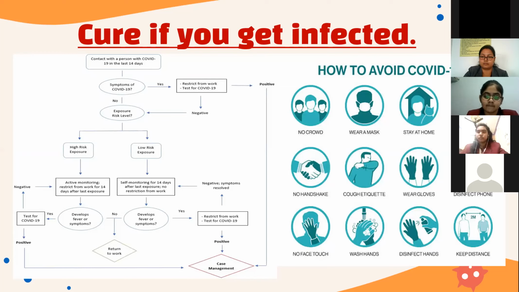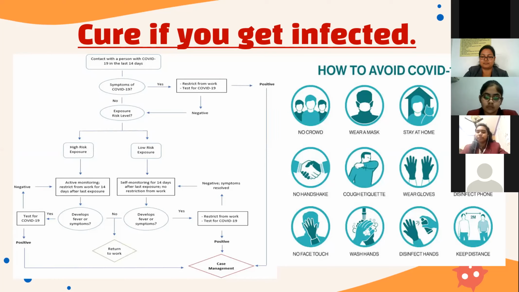If you come in contact with a person who has been affected with COVID-19 in the last 14 days, then you will get some symptoms. If you are tested positive, then you should be restricted from your work and kept in isolation.